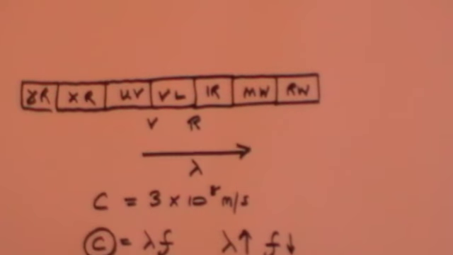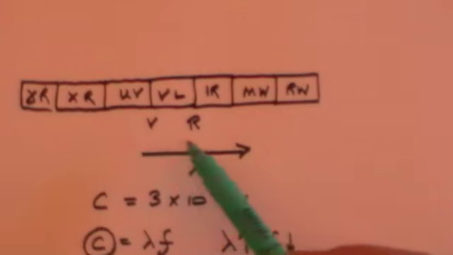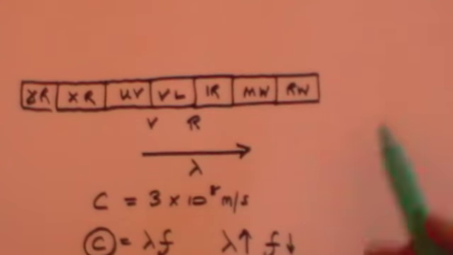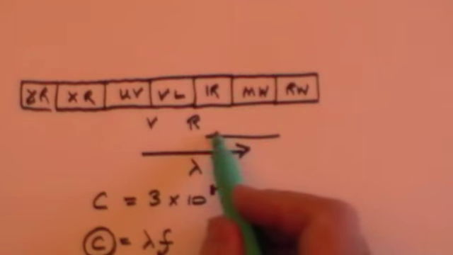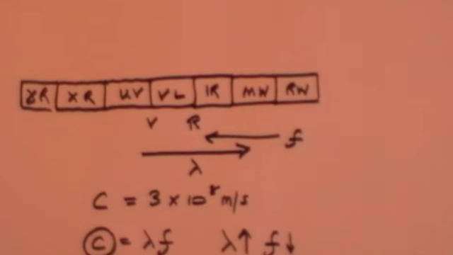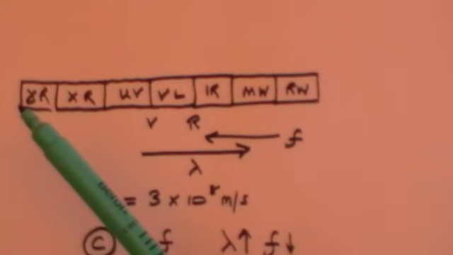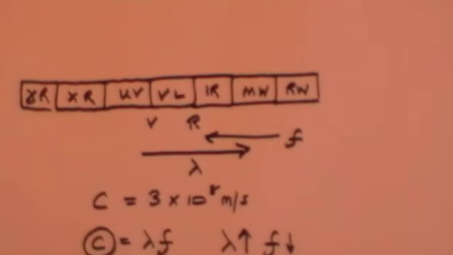So this graph, which shows increasing wavelength to the right, is also increasing frequency to the left. So at this end of the spectrum, we've got high wavelength, low frequency, and at this end we've got low wavelength, high frequency. Now it turns out that the energy of a wave is generally proportional to its frequency.